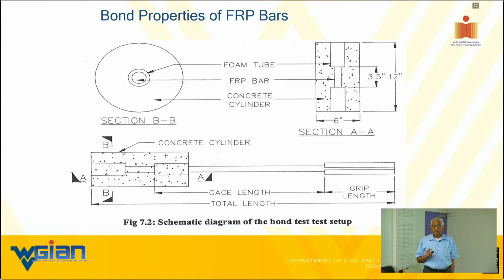Because if I don't have that length, I will not be able to have the frictional force transfer from the grips of the machine to the grips of the bar. You get it?